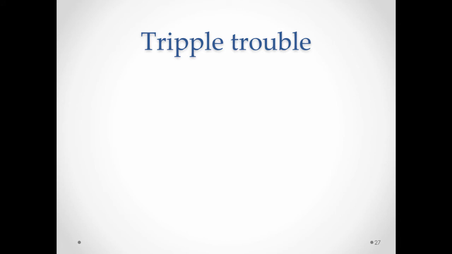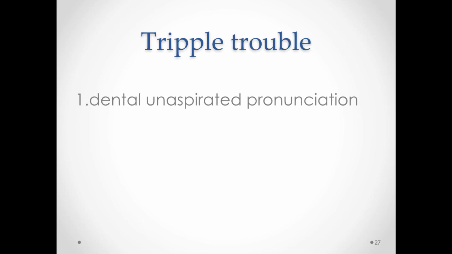So as you could understand, these could be a triple trouble for English language learners. The first one is the one that we've been talking about, which is the dental and aspirated pronunciation. So the person might say triple trouble. The second could be epenthesis.